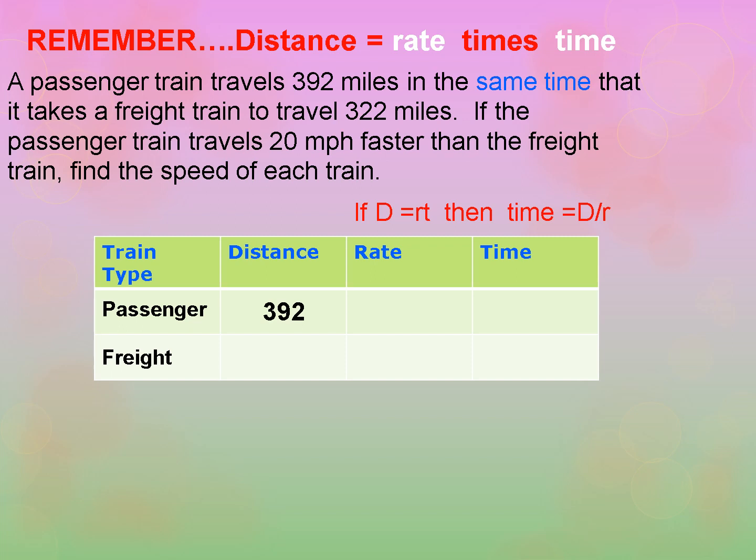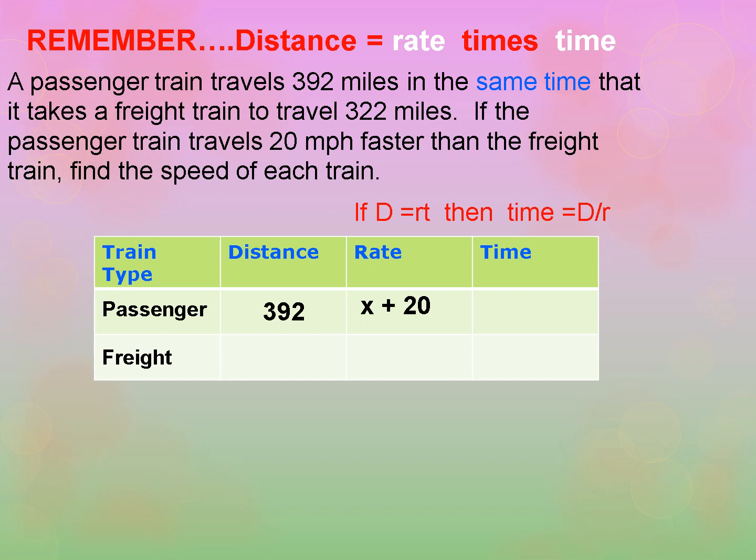Do we know how fast the freight train is going? No, but we can let it be x. So the freight train's rate can be x, and the passenger train is 20 miles per hour faster, so that's going to be x plus 20.